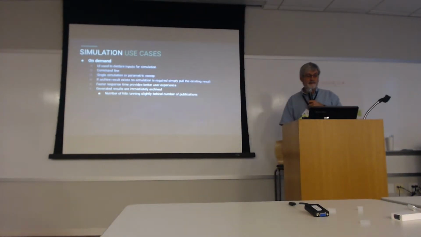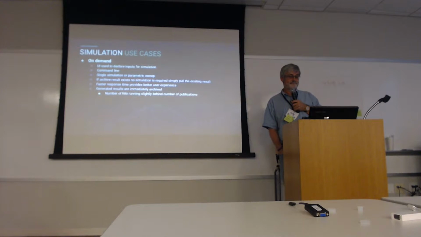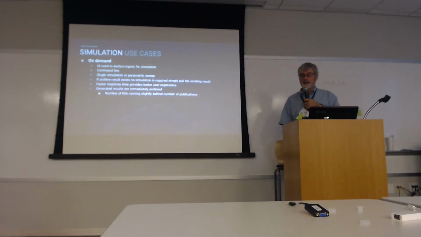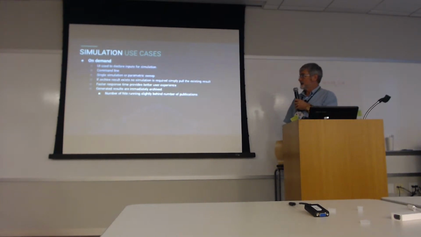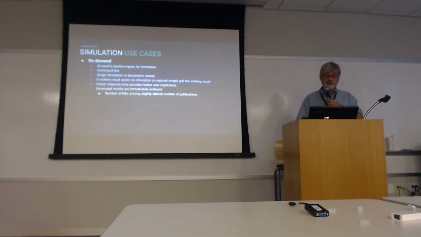So how can we classify the various types of simulations? There's three major reasons why a simulation might be executed. The first of these is the most typical, and this has been going on since day one.